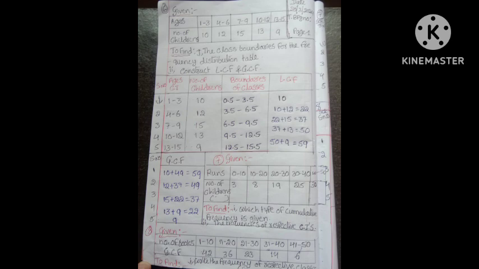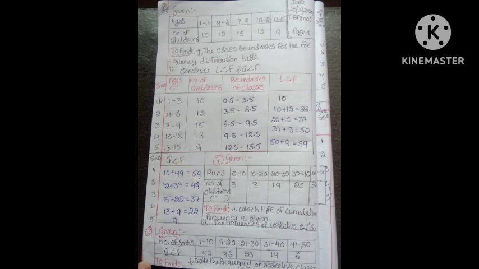First draw the frequency distribution table: serial number, ages (class intervals), number of children, boundaries of classes, then LCF and GCF.